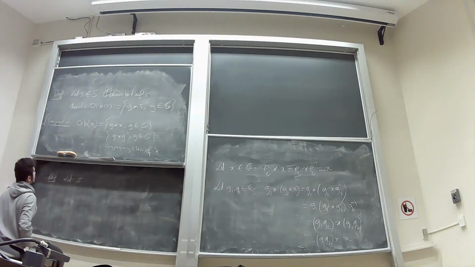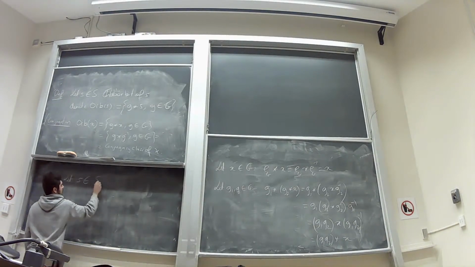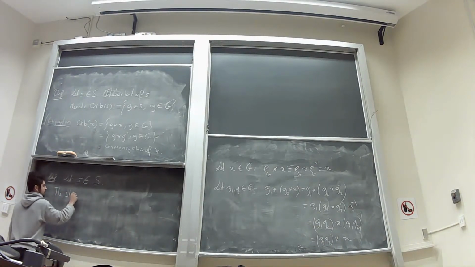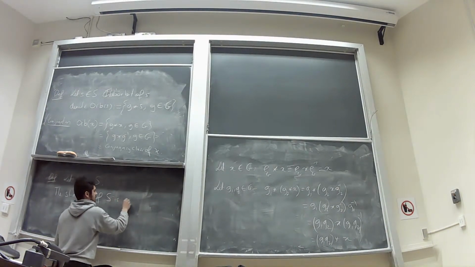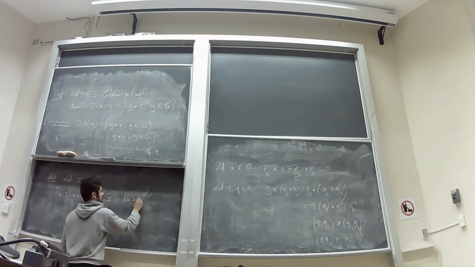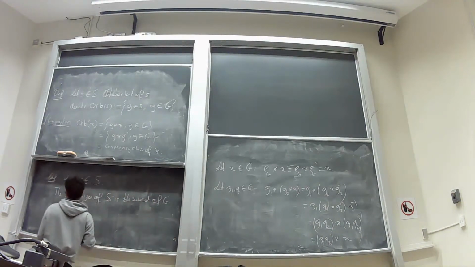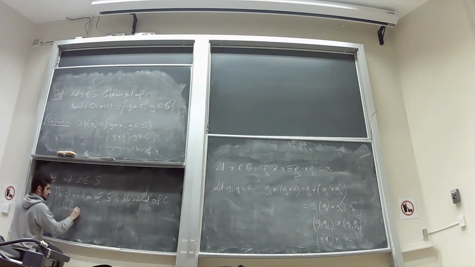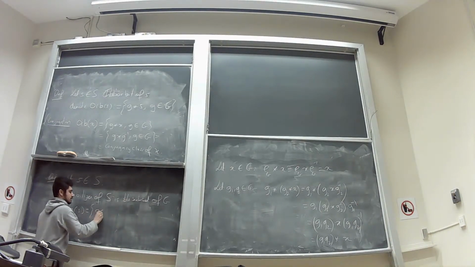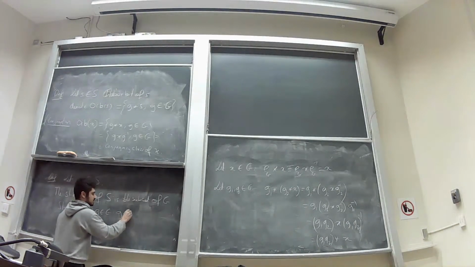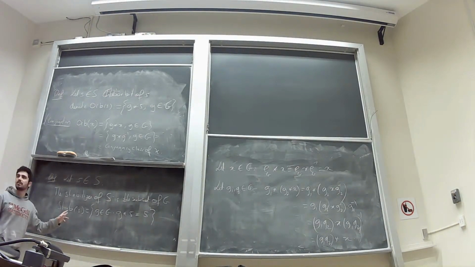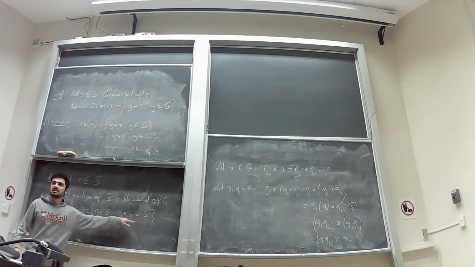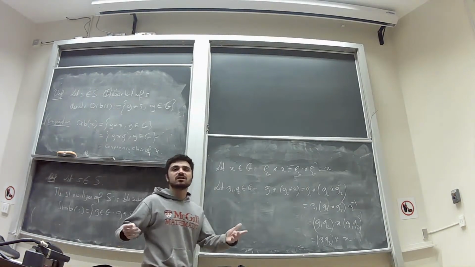Let S be an element of S. The stabilizer of S is the subset of G, we denote it by stab S, defined by g in G such that g star S is equal to S. These are just weird definitions, but why is it called stabilizer? g star S is equal to S. So when little g acts on S, it doesn't change.